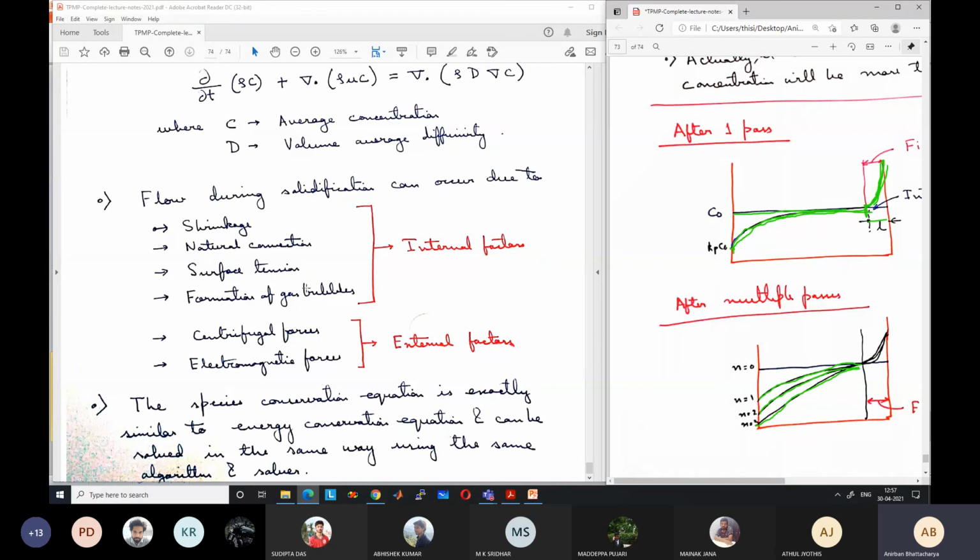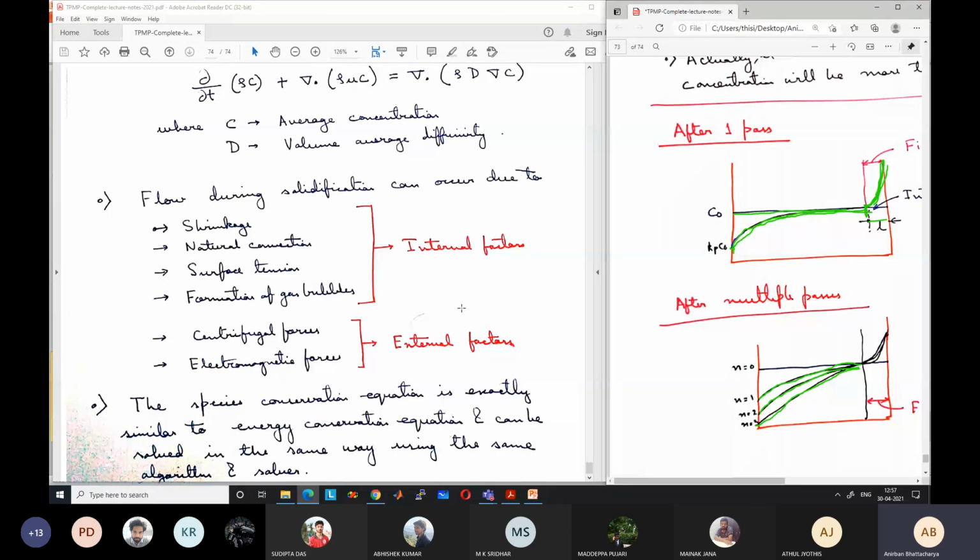Then we can also provide some flow to improve the process, to refine the grain structure. These are known as external factors for flow. So we can provide centrifugal forces. We can rotate the casting mold at a very large velocity, so it will create centrifugal force within the liquid, which will also result in flow in the liquid.